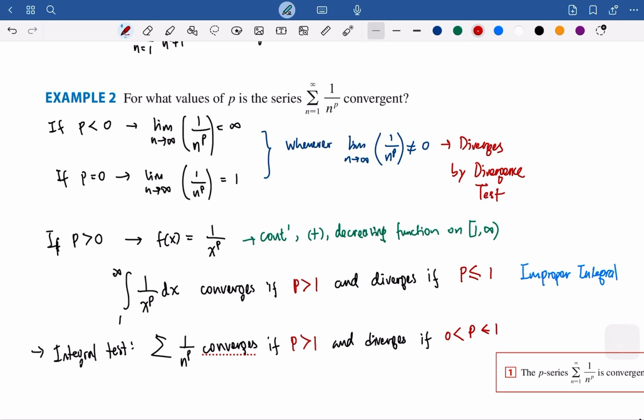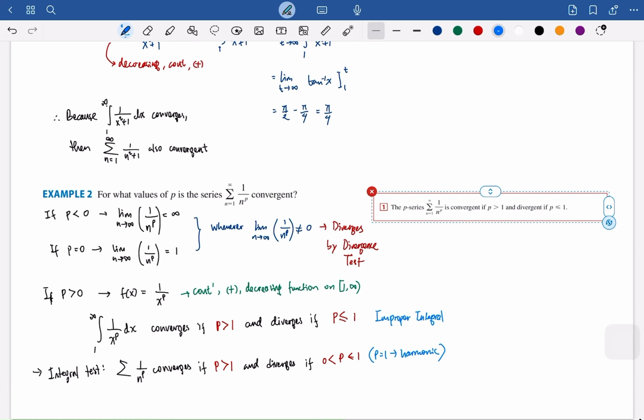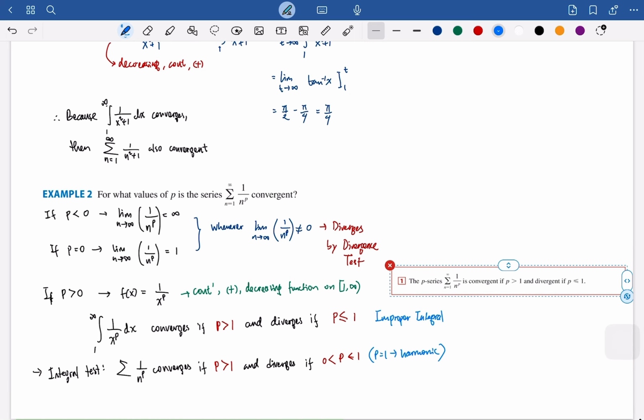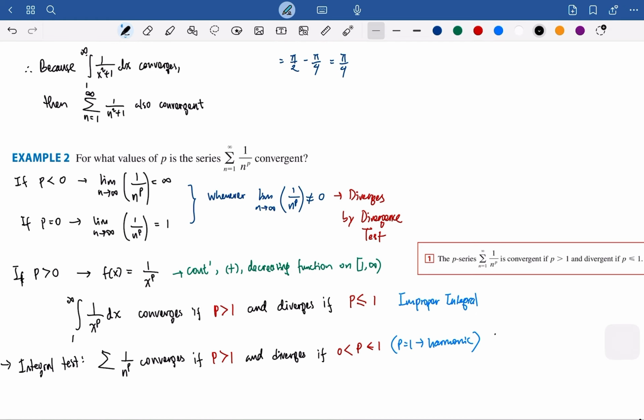Okay. We know that when p is equal to 1, this will be the harmonic series. So let me write here.